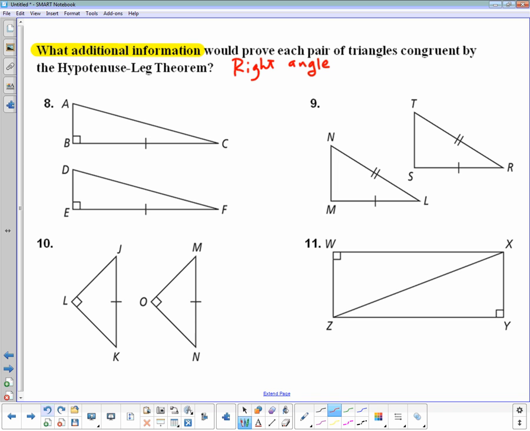I have to have a side. I have to have one leg. And as the name says, what else do I need? HL, right? What does HL stand for? I need a hypotenuse. Remember, the hypotenuse is the one across from the right angle.